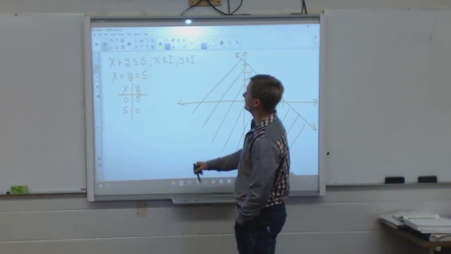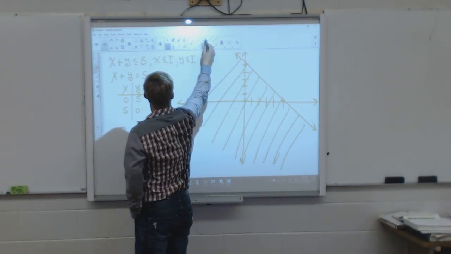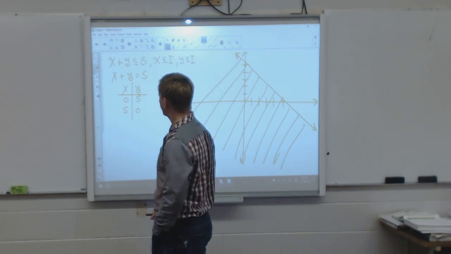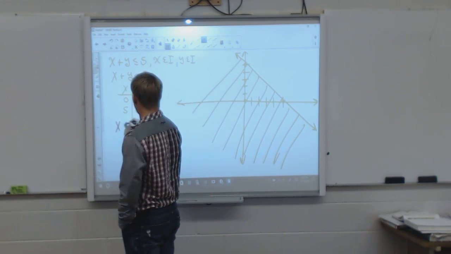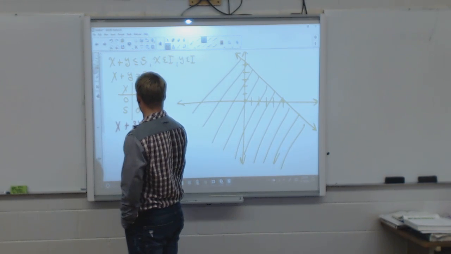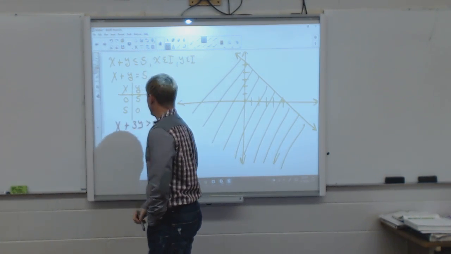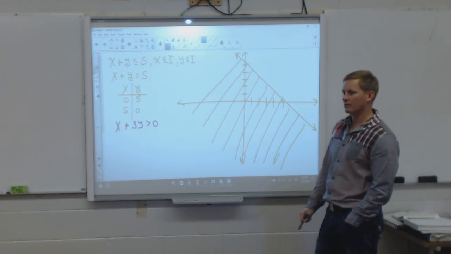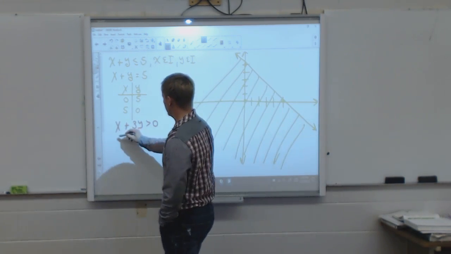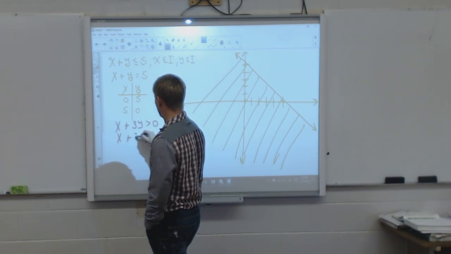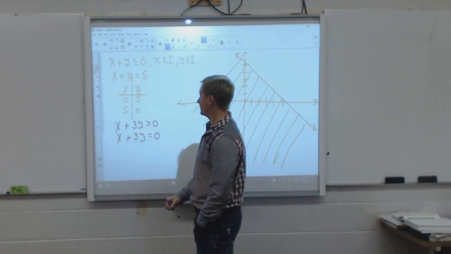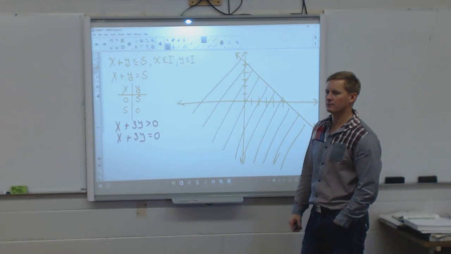Okay. The next graph is x plus 3y is greater than 0. What's the first thing that I do? Change it to an equals to. How do you suppose we graph this?